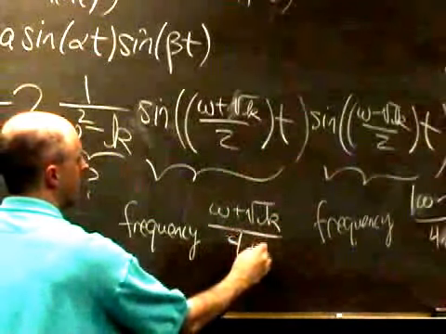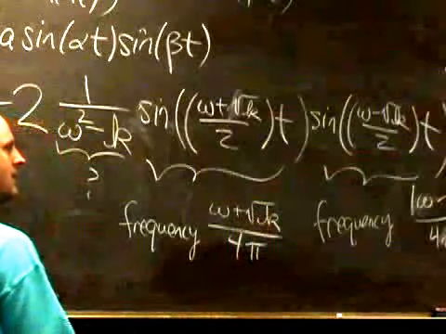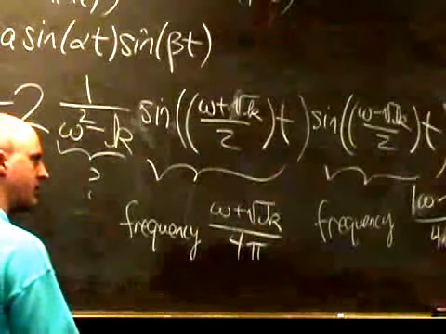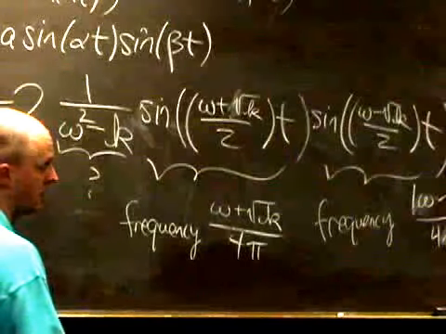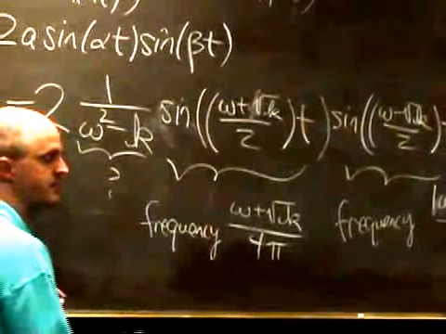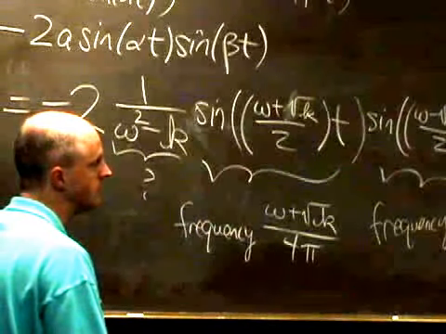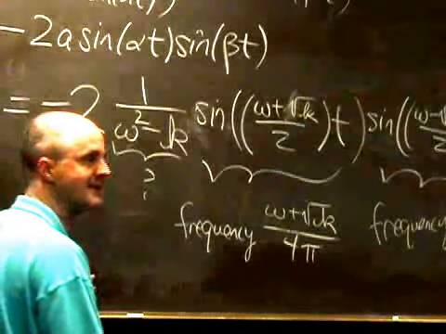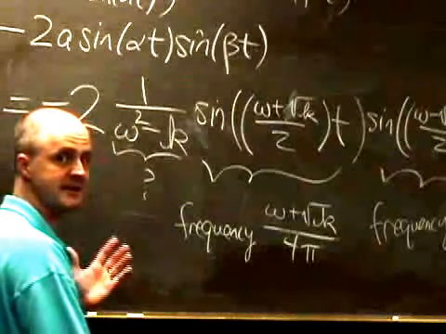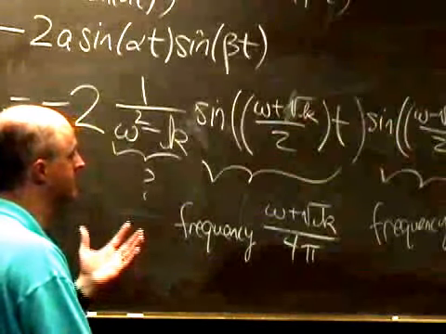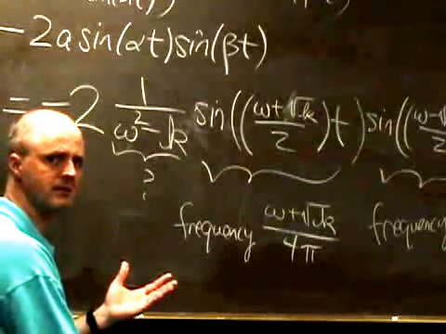Divide that by 2π, you'll get a 4π on the bottom again. Again, if ω is real close to the square root of k, this is much bigger: much faster oscillation, much smaller period. What does this tell us? This solution is somehow a combination of these two frequencies. It's a product of them.